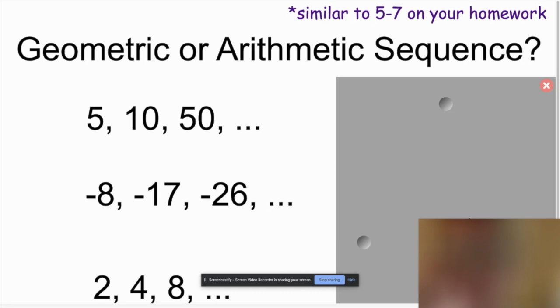So the first one, if you look at it, we are adding by 5, but then multiplying by 5. Or we're multiplying by 2 and multiplying by 5. So in this case, this one would be neither of those.